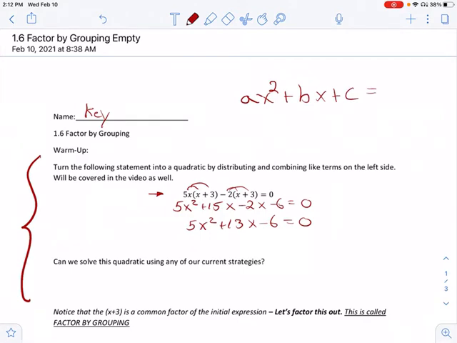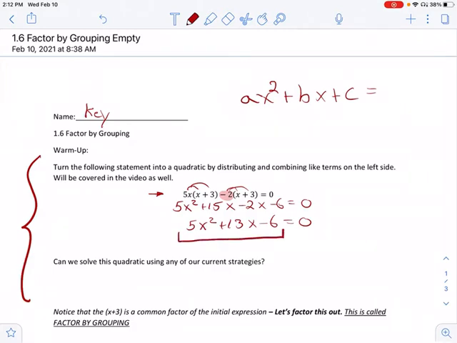To do that, you can see that I distributed the 5x to the first set of parentheses, distributed a -2, important to make sure that's negative, to the second set of parentheses, and then combined like terms. And we end up with this quadratic.